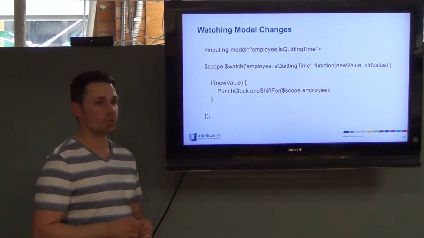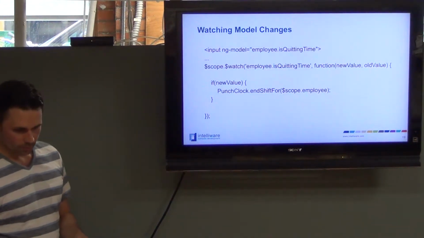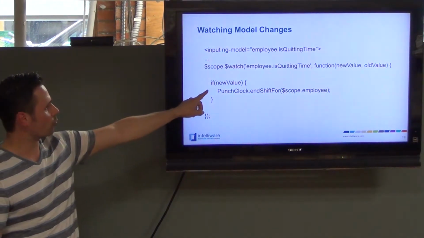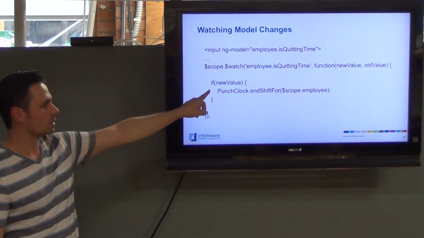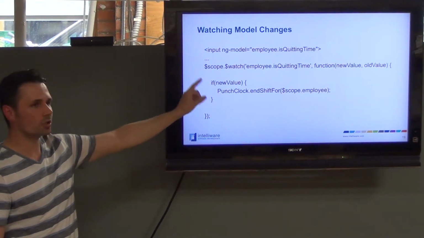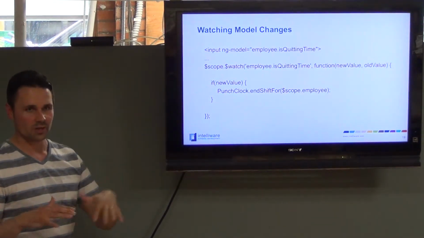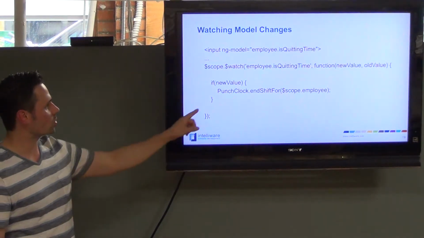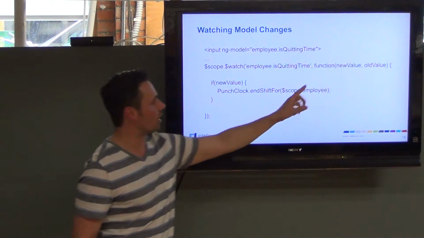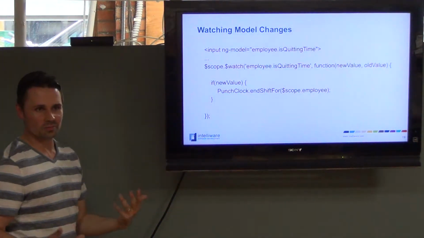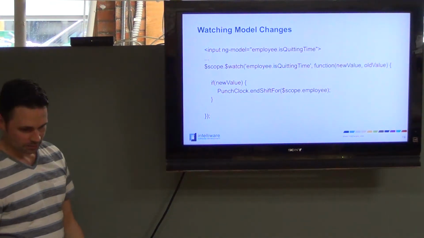So we're actually watching the change of a model object on the scope. You'll notice that I'm wrapping this call in an if statement because Angular is going to call this several times in order for it to settle the state of the world. So you actually want to do this check, and you can compare the new value to the old value to see if you actually need to do something special.